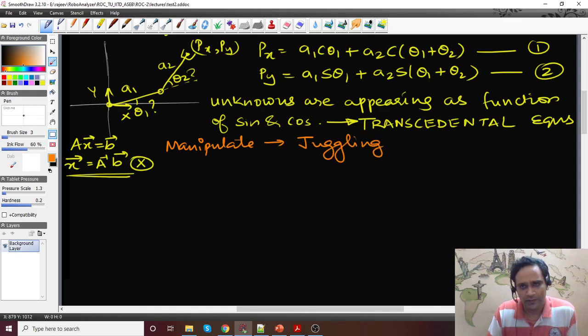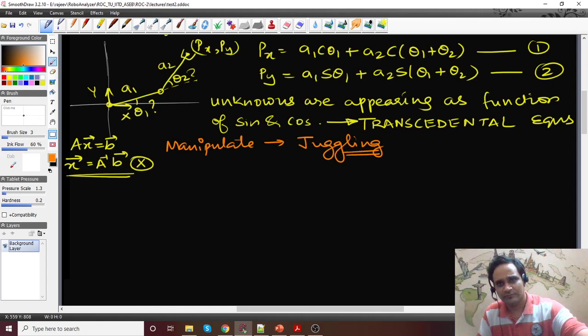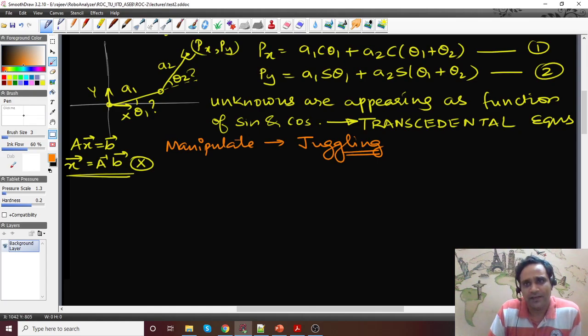We'll do some jugglery, right? Like magicians, we can also try. Okay, now if you observe, there is this theta 1 term and theta 2 term, right? So we'll try to expand these, and we'll see if one of the angles can be, we need to get rid of one of the angles. Okay, so for that what do we do? Let's see how can we get rid of one of the angles.